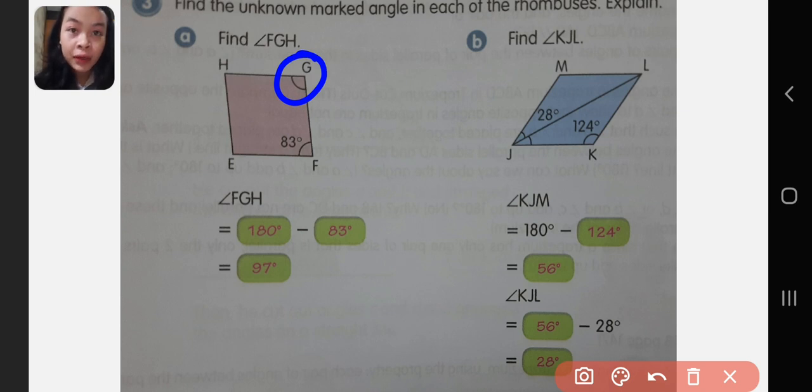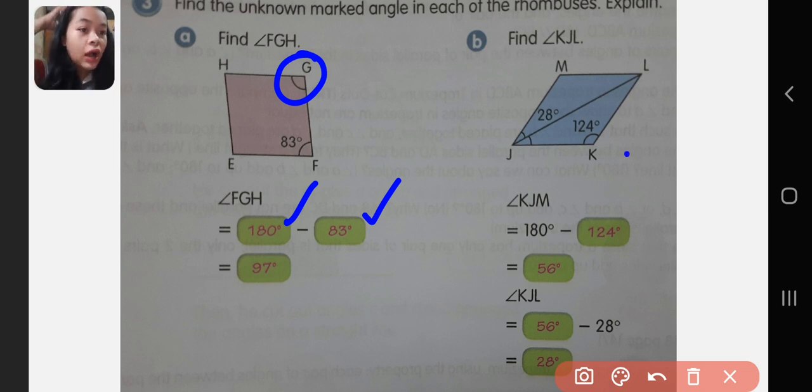Remember, the angles that are in the same line add up to 180 degrees. So because we know that F and G are in one line, and F is 83 degrees, FGH equals 180 degrees minus 83 degrees equals 97 degrees.